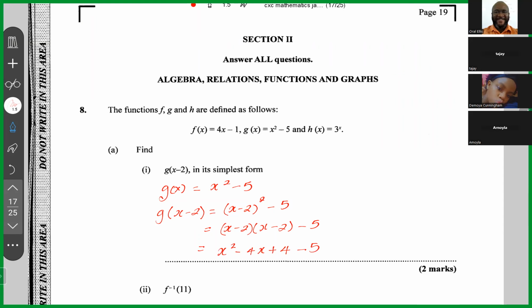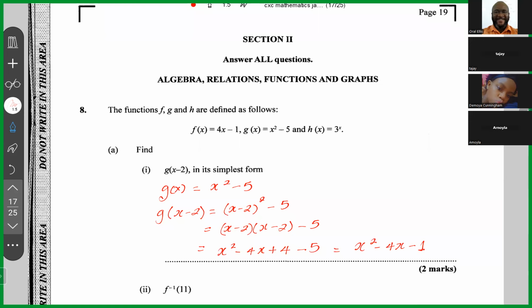So you can take the long route and work it out. But I know that when you square x minus 2, you get x squared minus 4x plus 4. And when you simplify this, because it asks to write it in its simplest form, you're going to get x squared minus 4x minus 1.